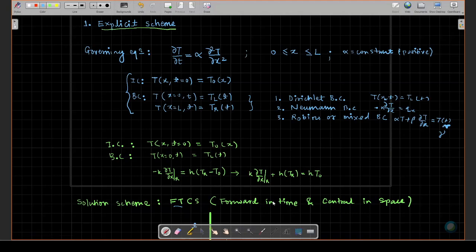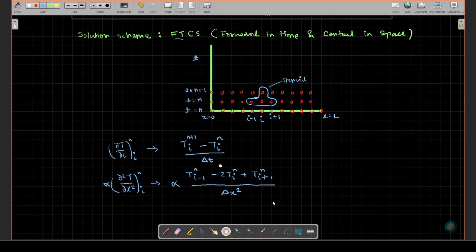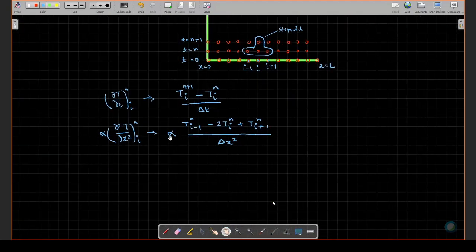So that is one thing. Alpha is assumed to be positive and constant, so we take it out, and no discretization is done for that. If it is a function of space or time, then we'll have to deal with it appropriately.